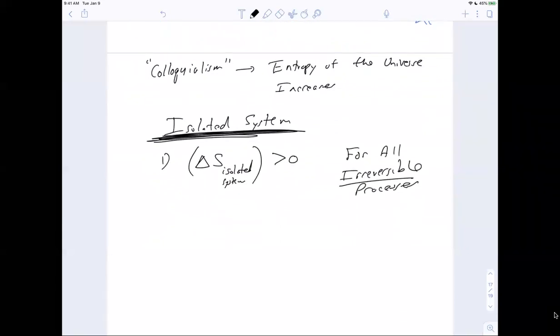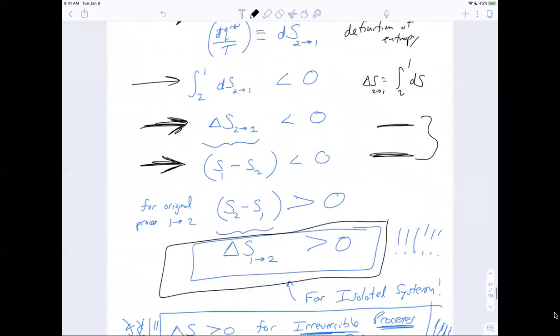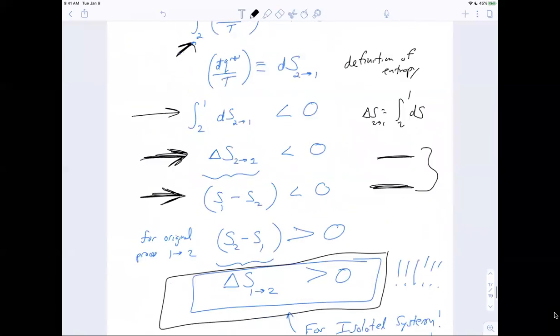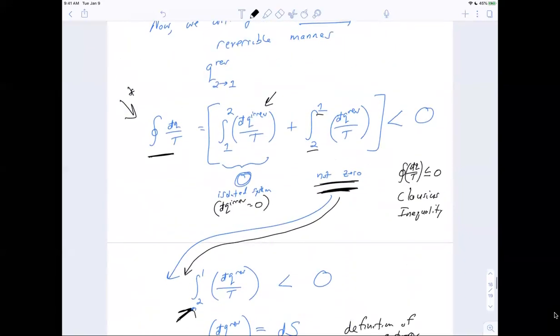What if you have a reversible process? Well, in that case, what would the Clausius inequality be? The Clausius inequality for a reversible process would be 0. It would have to equal 0 here.